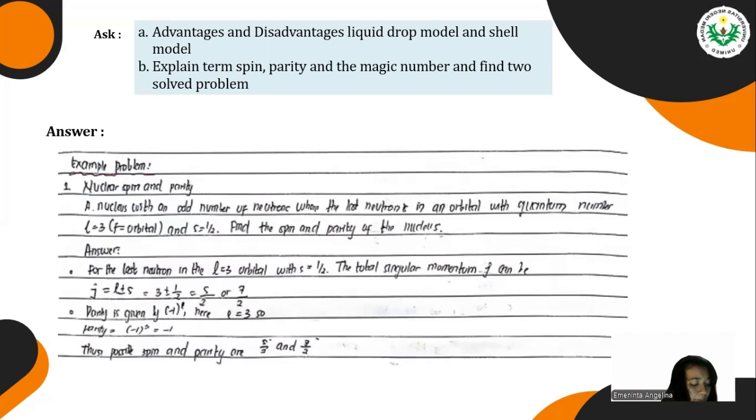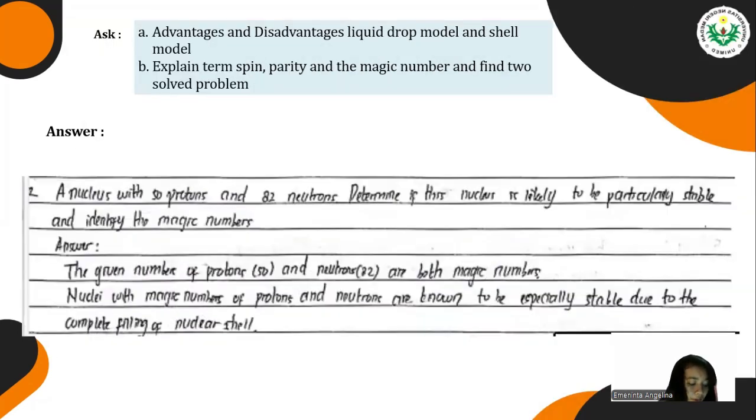Parity is given by minus 1 to the power of L. Here L is 3, so the parity is minus 1 to the power of 3, which is minus 1. Thus, the possible spin and parity is 5 over 2 and 7 over 2, with negative parity.